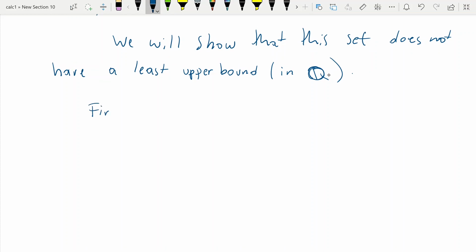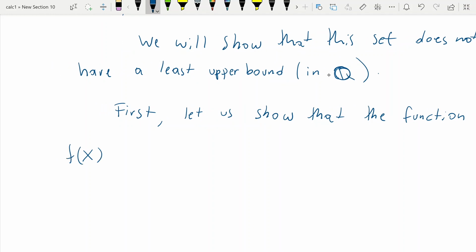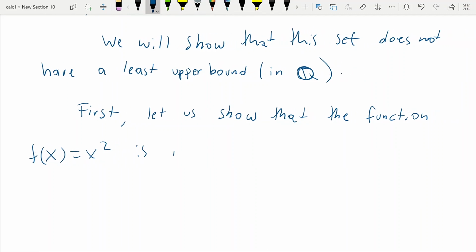It is increasing over the positive rational numbers.